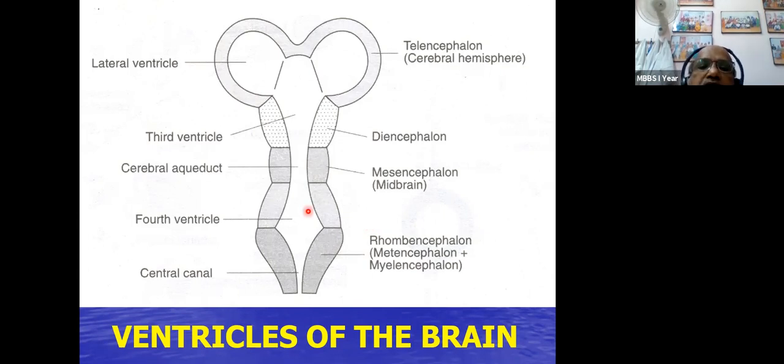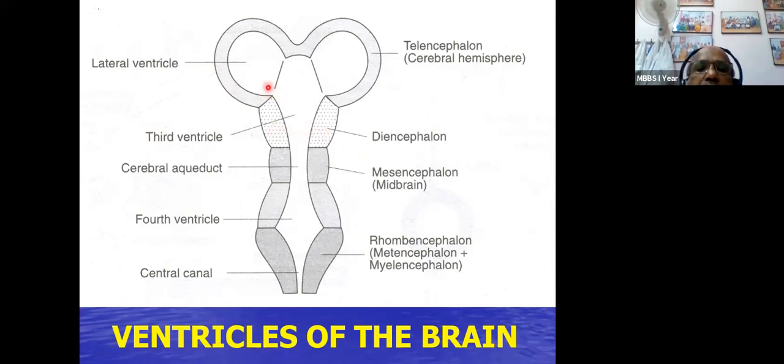First the CSF formed in the lateral ventricle will reach the third ventricle through this opening. This opening is between your lateral ventricle and third ventricle on either side. As we have two lateral ventricles, we have two openings here. Through those openings, your lateral ventricles are communicating with the medianly placed third ventricle.